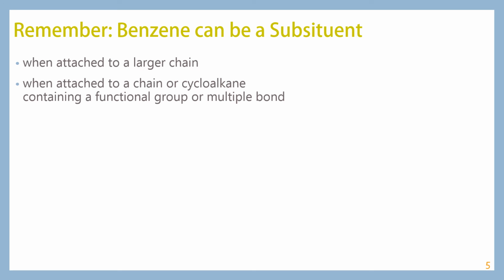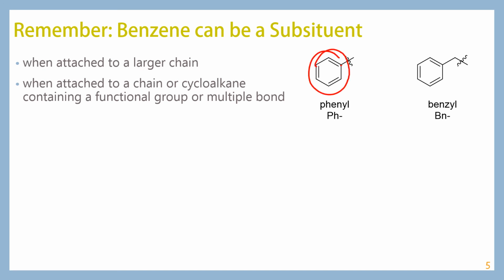That's going to make that piece of the molecule a higher priority, and the benzene will be a substituent. There are 2 benzene substituents. We have phenyl and benzyl. Remember that phenyl means that the benzene ring is directly attached to the rest of the molecule. Benzyl means that we have benzene, we have a CH2 group, and then the rest of the molecule.